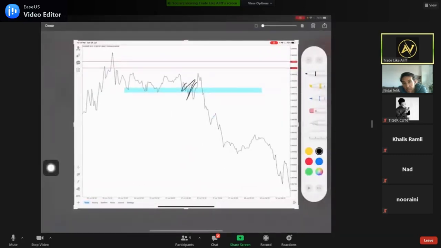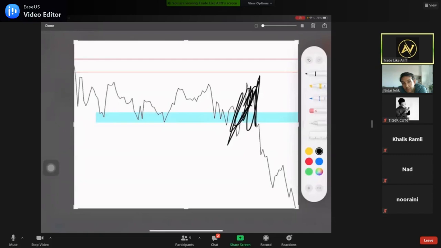Let's say here, broken out, didn't even come back. We have to find a big movement above here, a solid big movement. Here, obviously, you can see one here, then I can see one here.